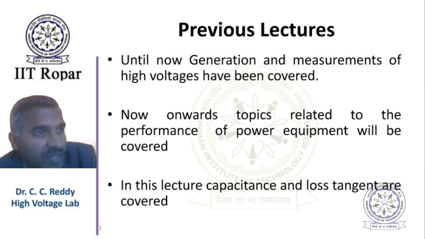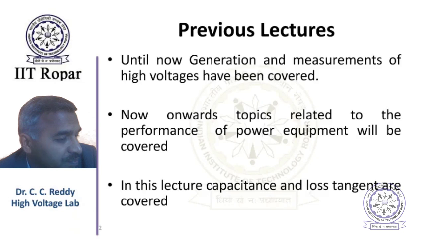In fact, the fraction of cost of this is small in power equipment. In a cable, of course, it is major, but in any transformer or motor, the cost is not so much compared to the rest. But what is important is if it fails, then it fails. That's it. The power equipment fails.